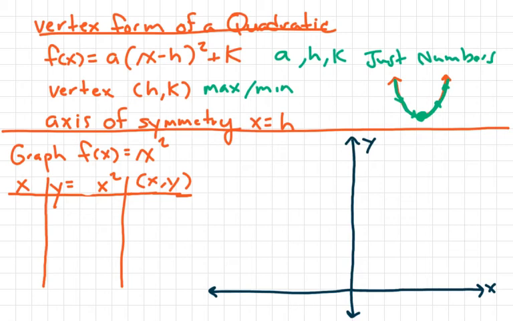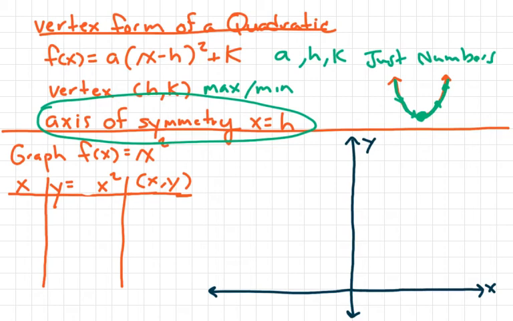The next thing I want to go over is the axis of symmetry. If you remember, vertical lines have the equation x is equal to some number, and that just means a vertical line on your graph. In this case, the axis of symmetry, symmetry meaning one side of the line is going to be a mirror image of the other side.